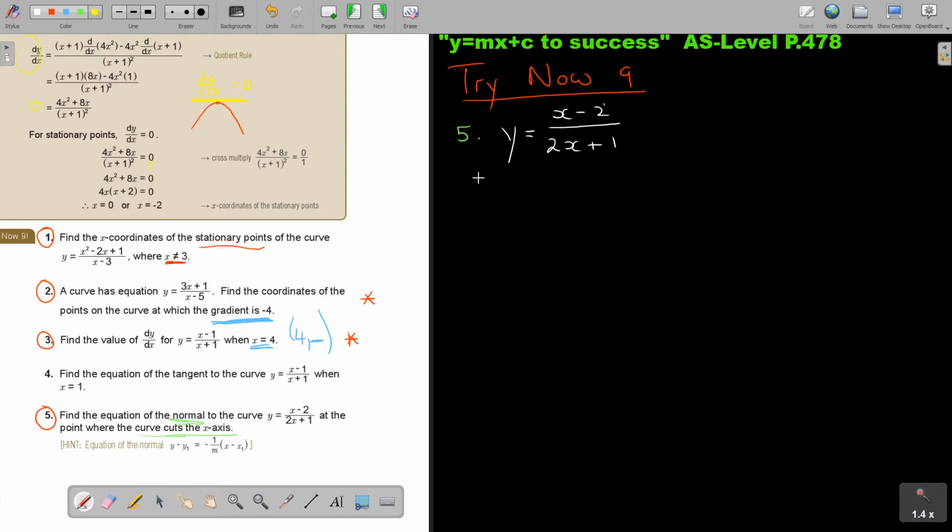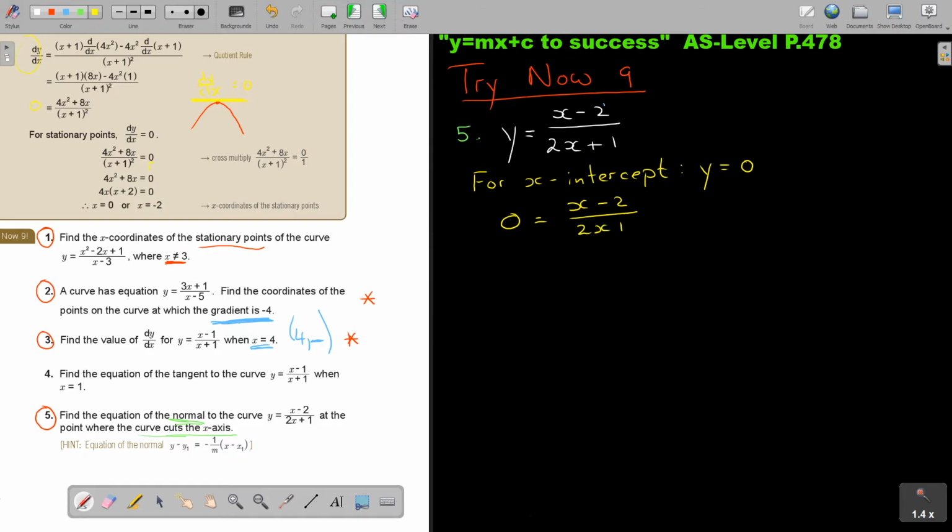I like to use the x-intercept, which is always the opposite one that's 0. So that means I'm going to put a 0 in there. I didn't differentiate, I'm just trying to find the point.